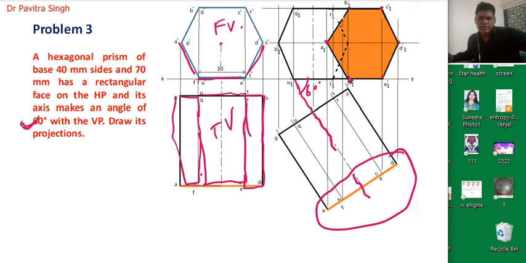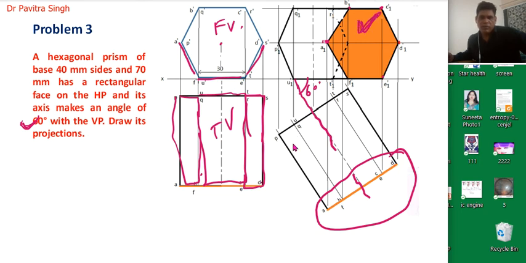Similarly, we will get this point, and now we have 6 points in this front view. So we will connect all these 6 points: A1 to B1 dash, B1 to C1 dash, C1 to D1 dash, D1 to E1 dash, E1 to F1 dash, F1 to A1 dash. Okay, so we will connect all these points, so we will get this final view of this surface.